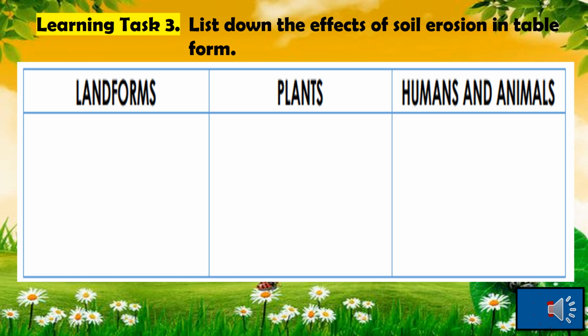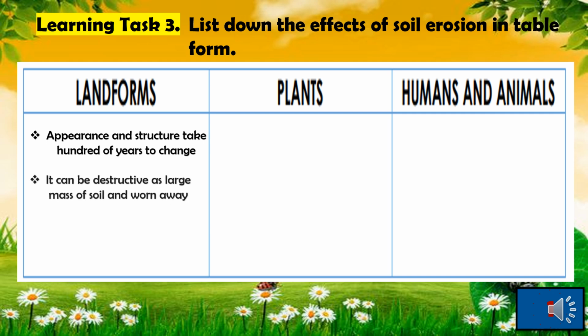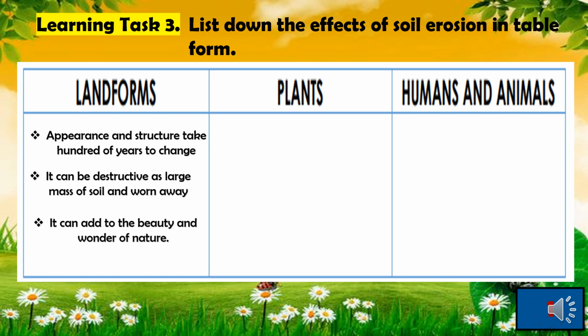Okay, so here are my sample answers. For the landforms, appearance and structure take hundreds of years to change. It can be destructive as large masses of soil are worn away. And the last, it can add to the beauty and wonder of nature.